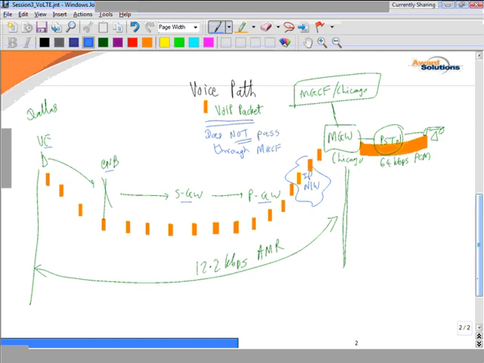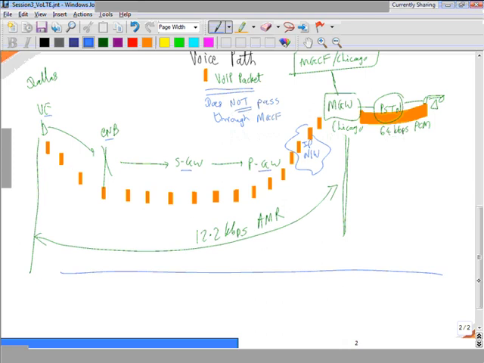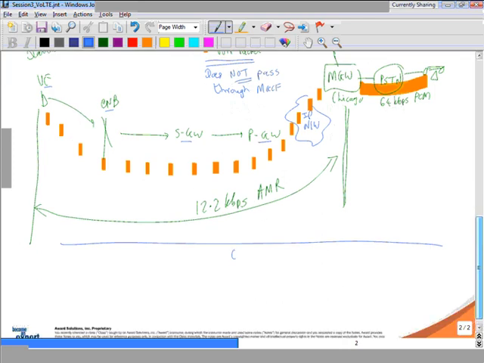Now, call setup signaling. Okay, so call signaling. To set up the call, to modify the call, meaning add another party to the call, conference call, or add, let's say, some kind of announcement, things like that. So that is a modification of the call.